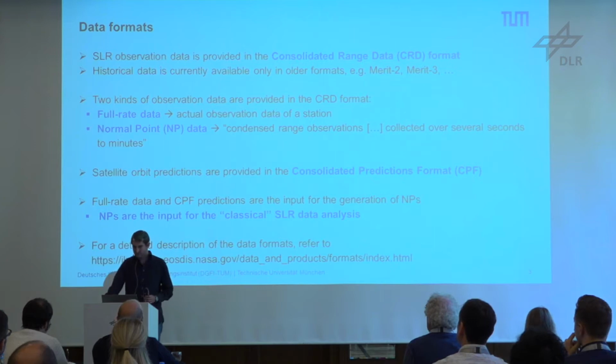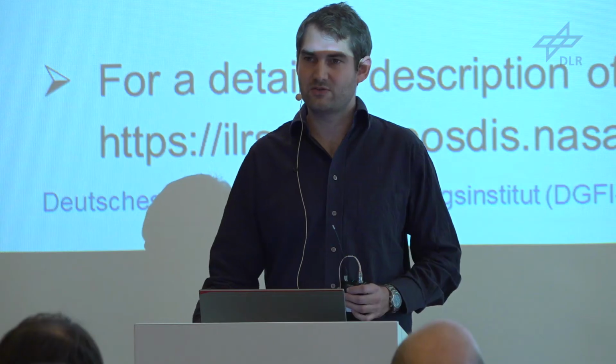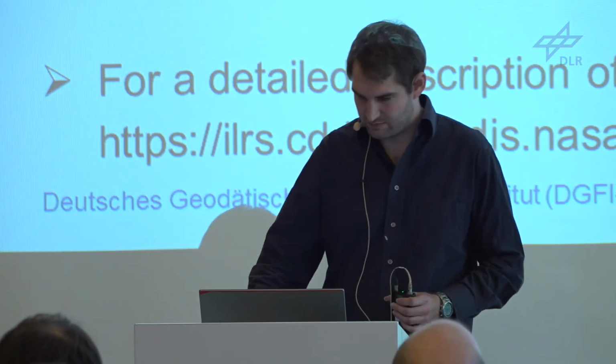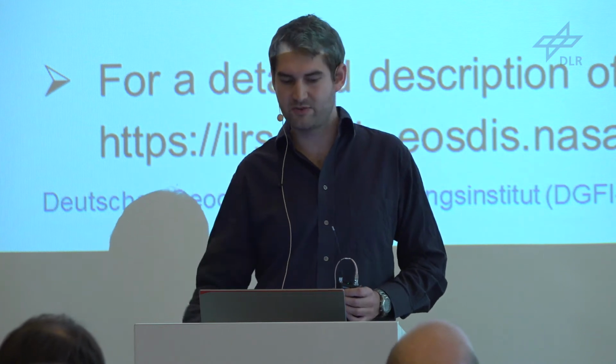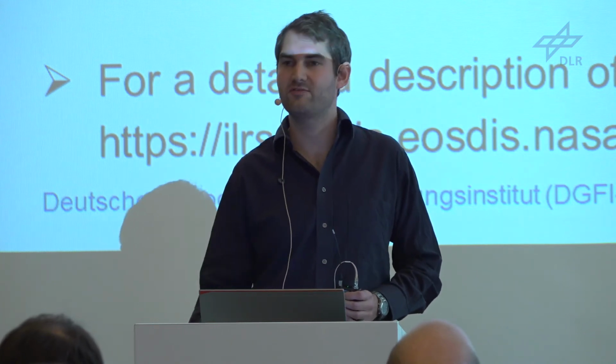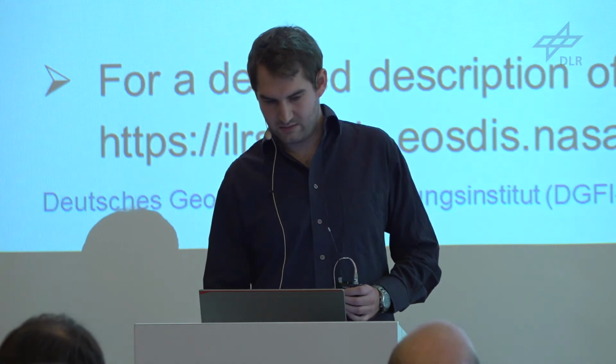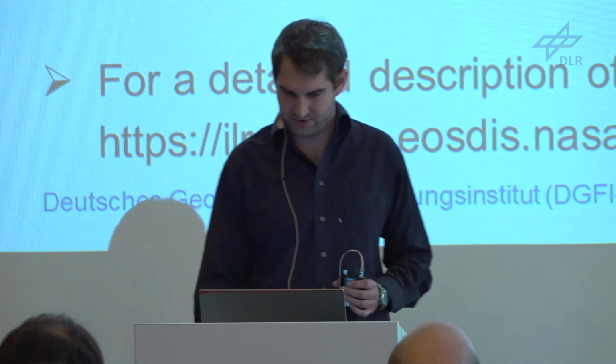In order to form normal points from full rate data, we need orbit predictions for the satellites, precise orbit predictions, in order to be able to say if a data point from the full rate data is accurate enough to be part of a normal point.